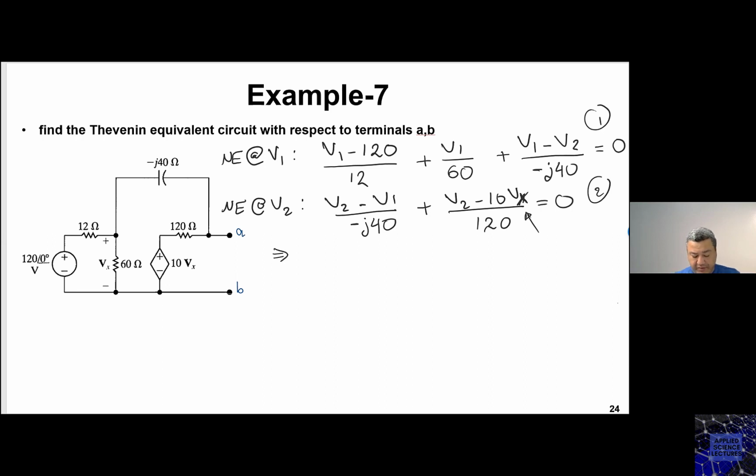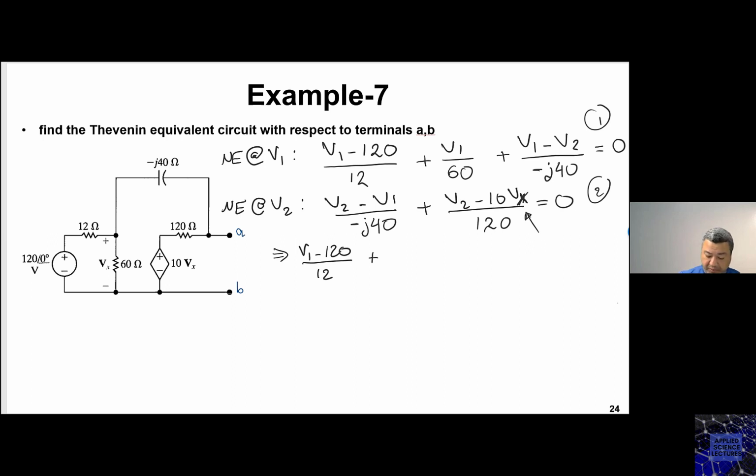I can say here that (V1 minus 120) divided by 12 plus, say here, I have 60, 40. So if I multiply by 120, what do I get?